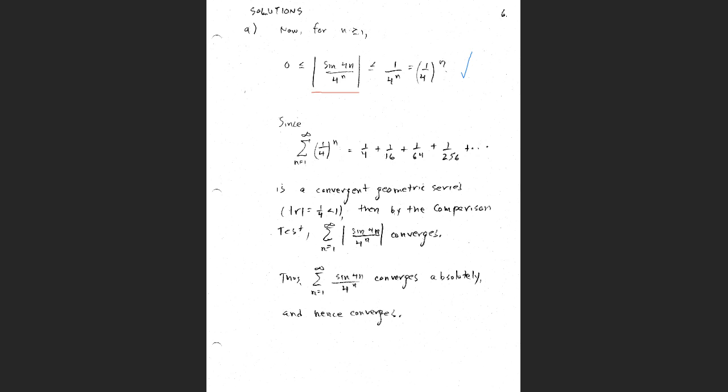And I know that the series n equals 1 to infinity of (1/4) to the nth power is a convergent geometric series because it has a common ratio of 1/4, and that's less than 1.